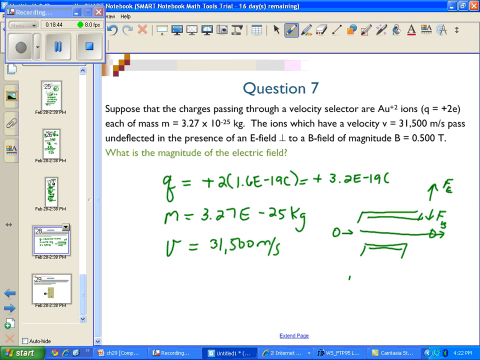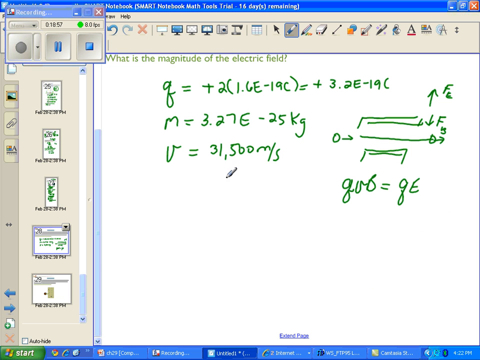It will be true that qvB is equal to qE. Here, we're assuming that the angle between v and B is 90 degrees, so that sine of 90 is 1.